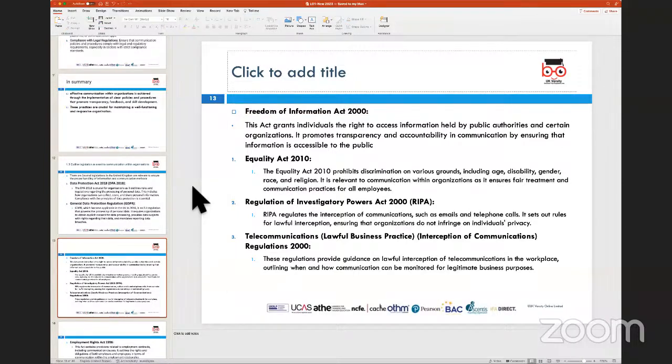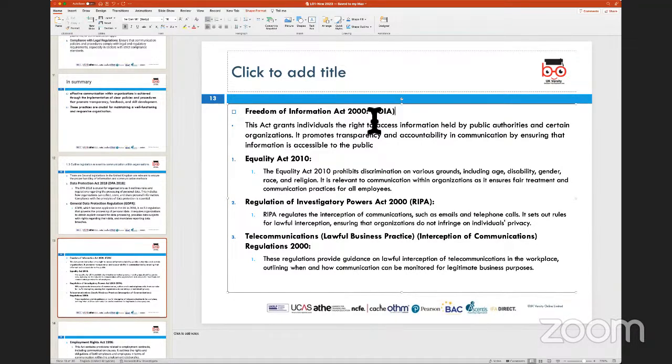Now, with this act, when we look at the BBC or some of the news networks, if they need to retrieve or gather information from public authorities, public sector enterprises, or government organizations, then they can use the FOIA Act, sometimes also called the Freedom of Information Act.